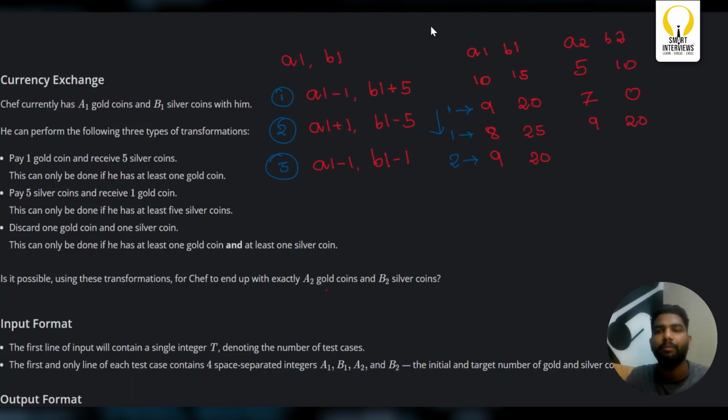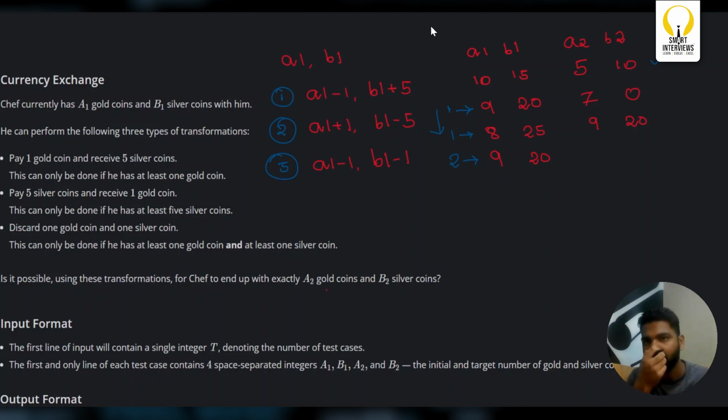Now for A1 B1, is it possible? Can I make 10 15 into 5 and 10? Yes, right? How? Simply using operation 3 continuously for 5 times. If I use operation 3 continuously for 5 times, this will become 5, and this will become 10.